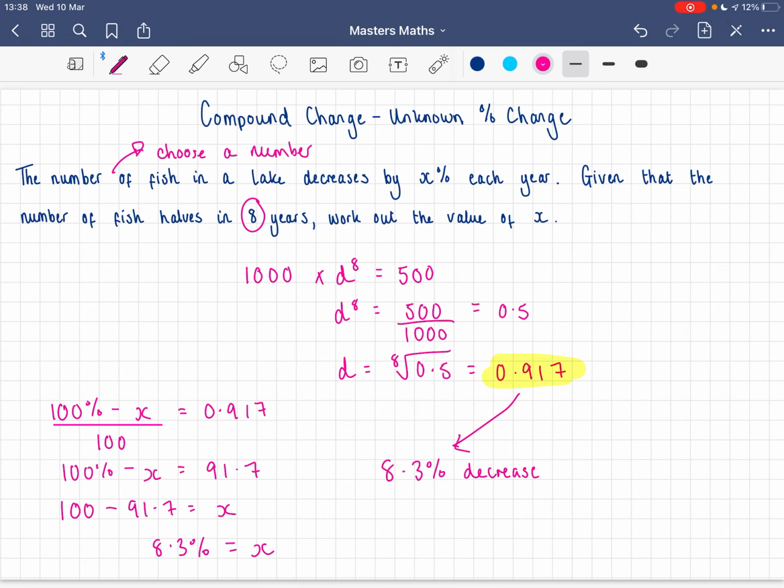But either way would work. Some of you will be able to go straight from 0.917 and work out what that is as a percentage decrease. Some of you might need to unpack the equation itself. I hope that helped. I hope you got that right.